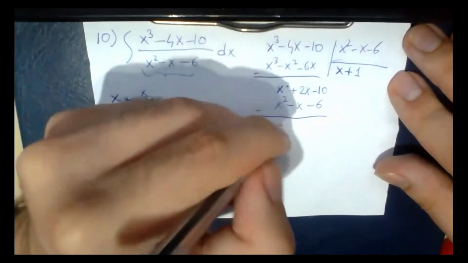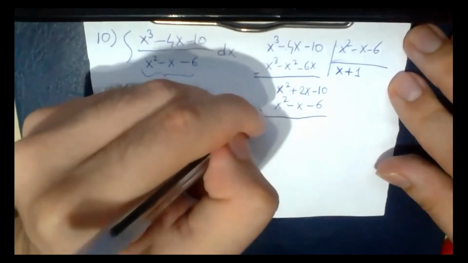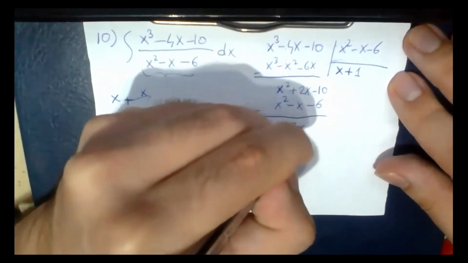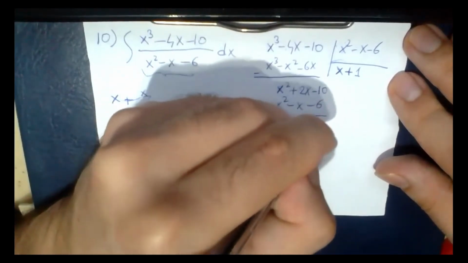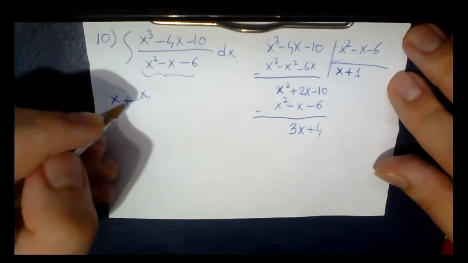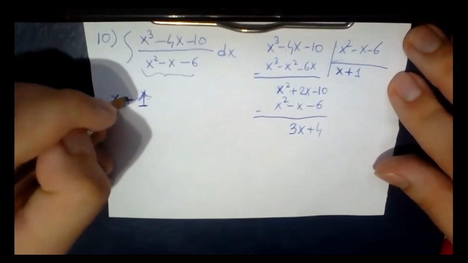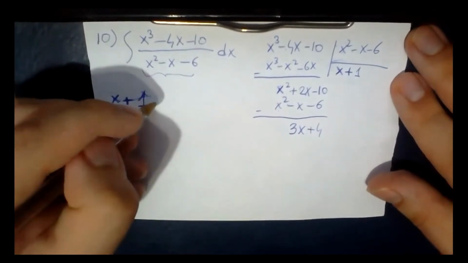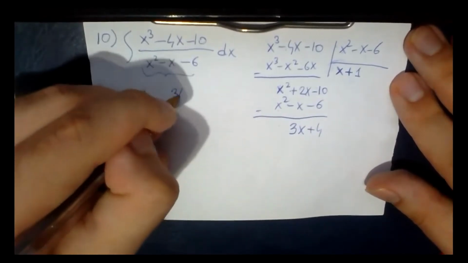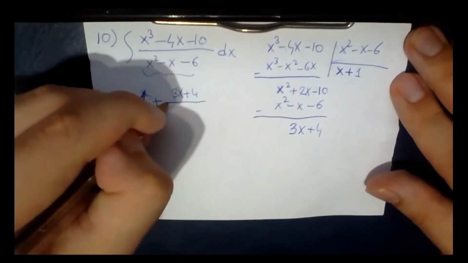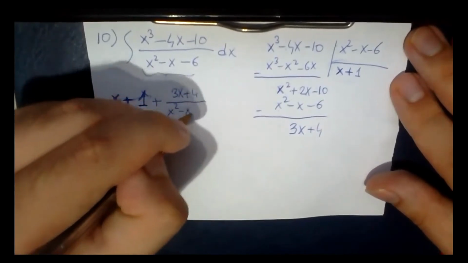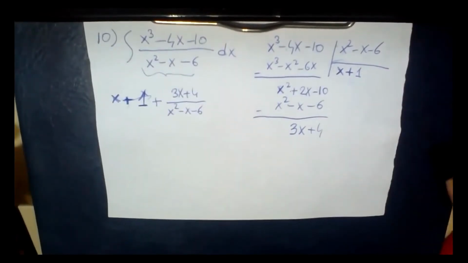X squared minus x squared is 0, plus 2x minus x is 3x, minus 10 minus 6 is plus 4. So this integrand will be equal to x plus 1 plus (3x plus 4) over (x squared minus x minus 6).